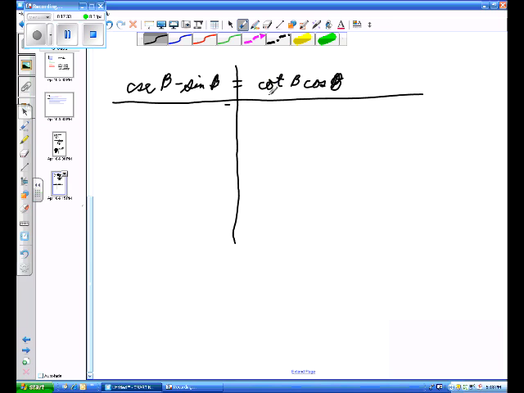And I'm going to write my cotangent in terms of sine and cosine. So cotangent was cosine over sine times cosine. And if we multiply that out, we have cosine squared beta over sine beta.